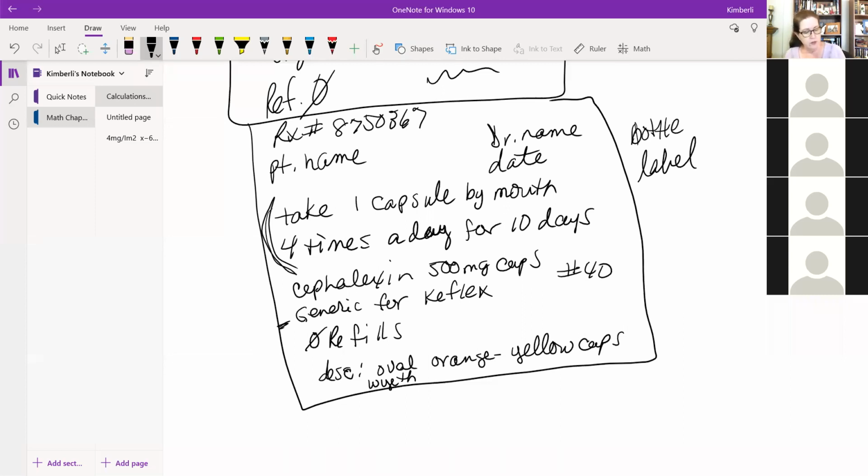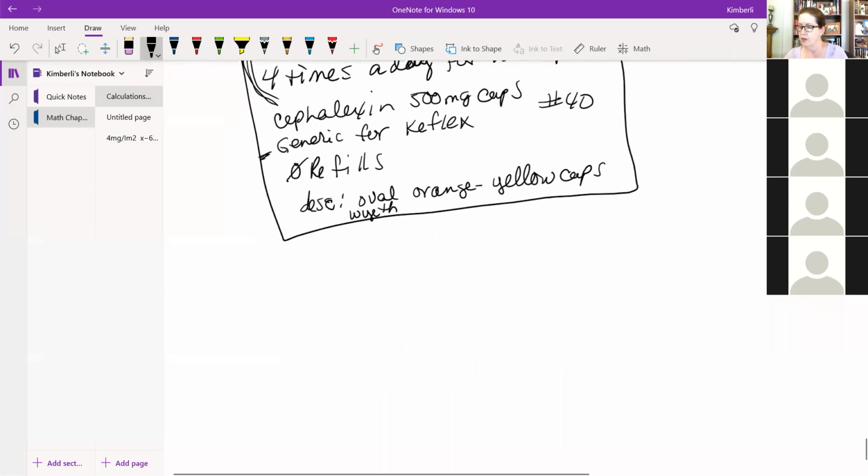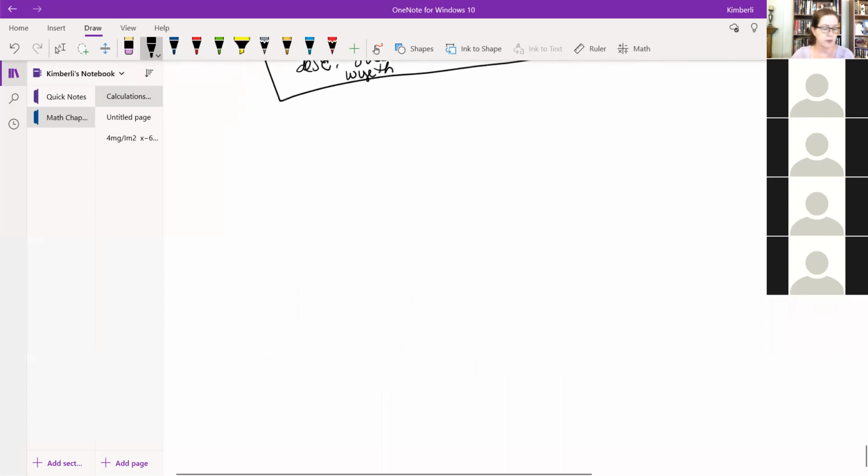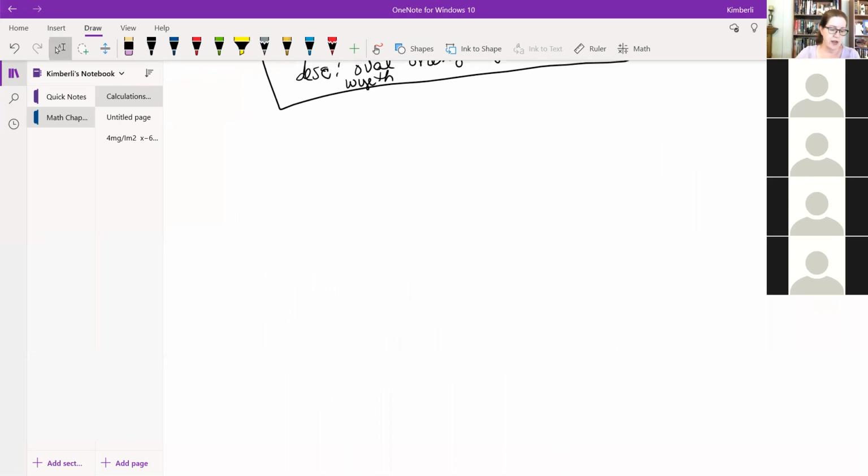Okay, so if you go over to page 128, there are the actual parts of a prescription, not a label for the patient, but the prescription itself. So it'll have the prescriber's name, the prescriber's office address and telephone number, and the date that they wrote it, the patient's name, the patient's address, and the patient's date of birth.